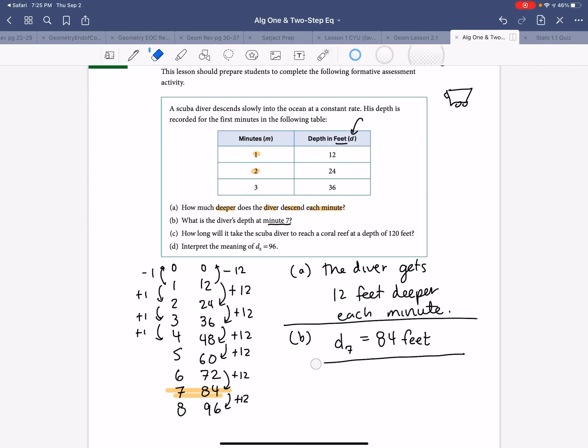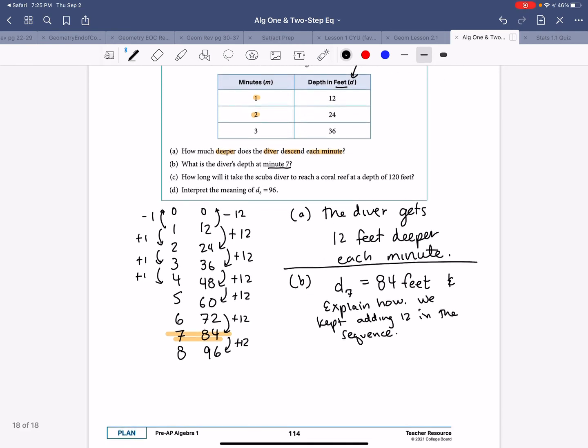So let me write that. We always want to write our answer, and we want to explain how we got our answer. We kept adding 12 in the sequence until we got up to 7.